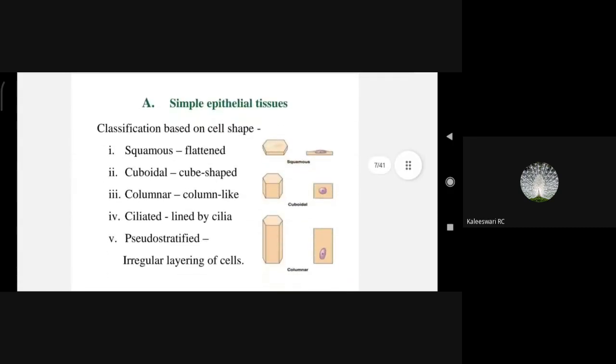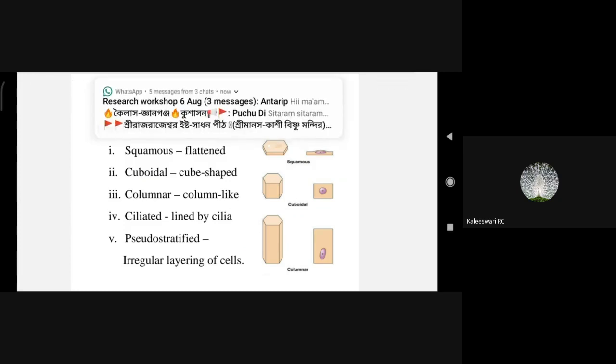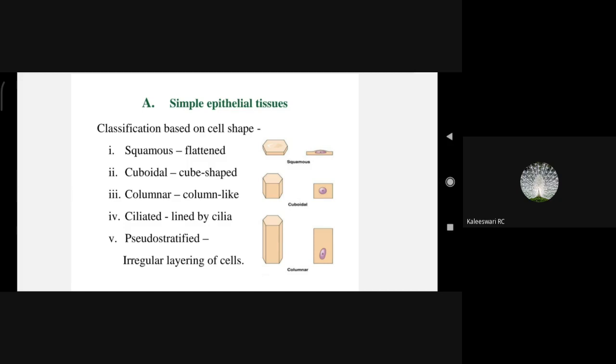Next, simple epithelial tissue is further divided into 5 types. Squamous epithelia. Squamous epithelia is flattened. You can see in the picture that it is flat. Just beside, it is pictured here, that is flat squamous epithelium.